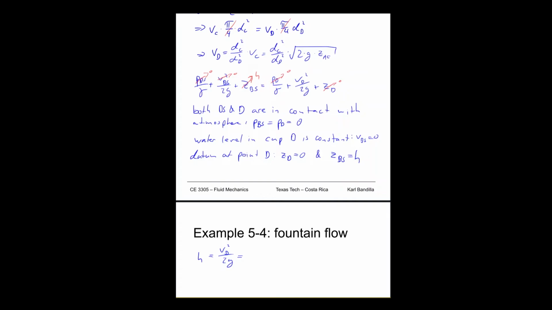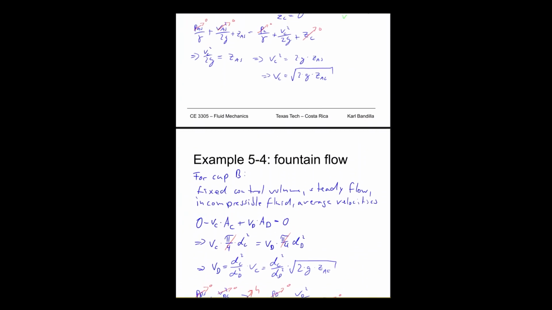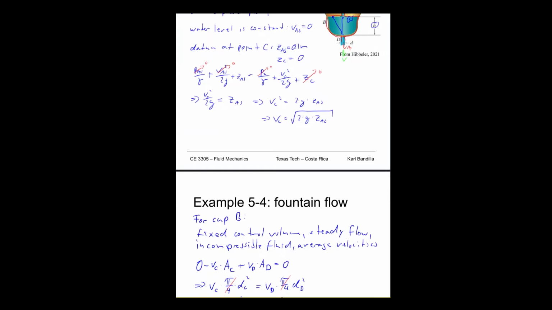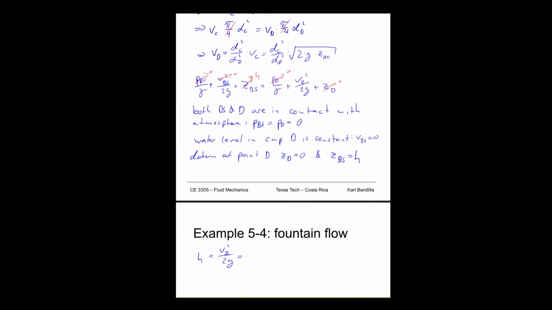Then we go back up to where we have our VD, and put a square bracket around it. That would be DC squared over D squared times the square root of 2 times G times ZAC, all of that squared, because it was VD squared, divided by 2G.